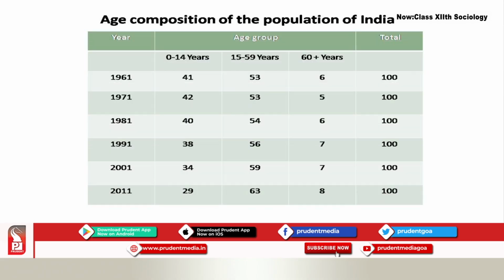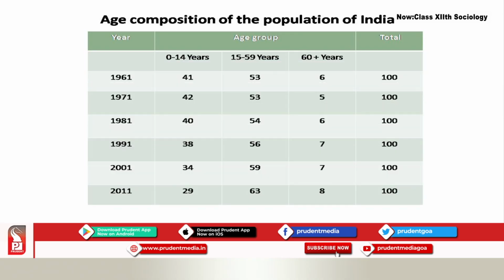The first age group, see, 41, 42, 40, 38, 34, and in the year 2011 we can see the decrease in the first category, that is, it has come down to 29%. In the second category, throughout these years we have almost similar 53, then in 1981 we have got 54, then in 1991 we have got 56%, and again in 2011 there is an increase.